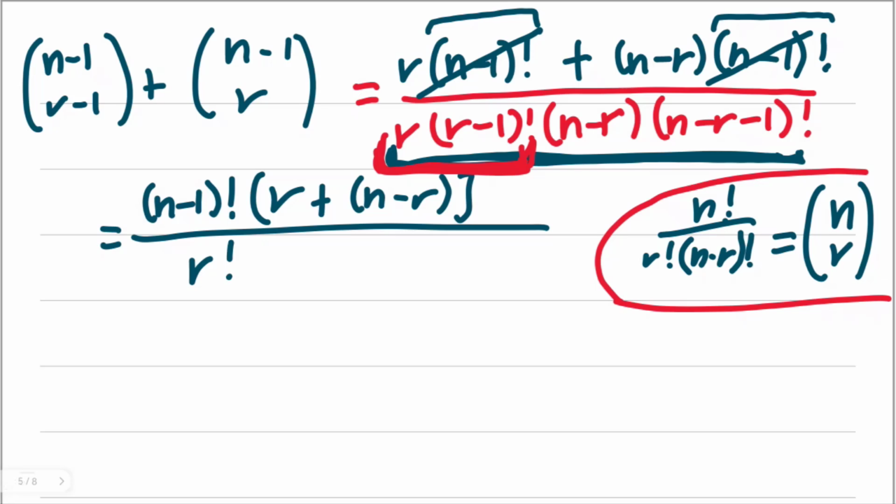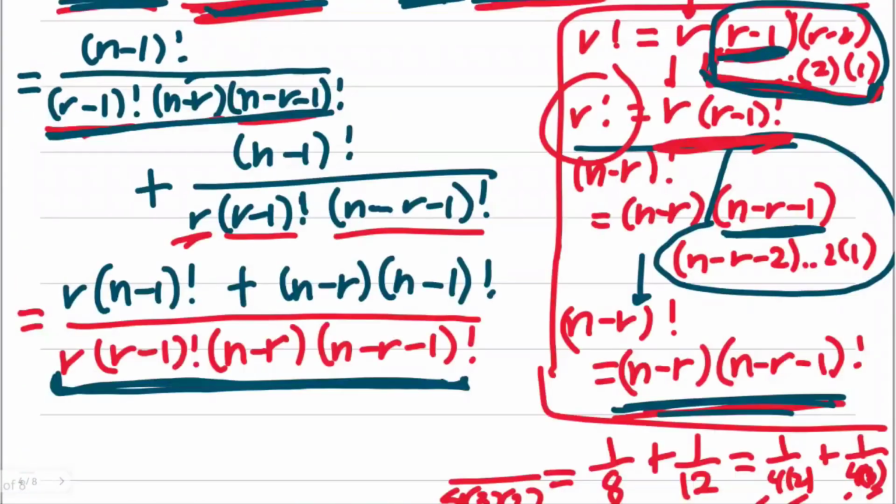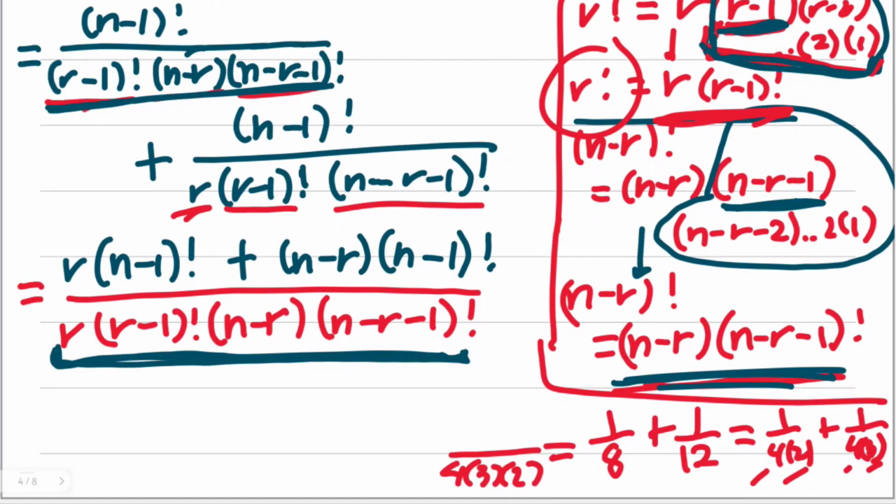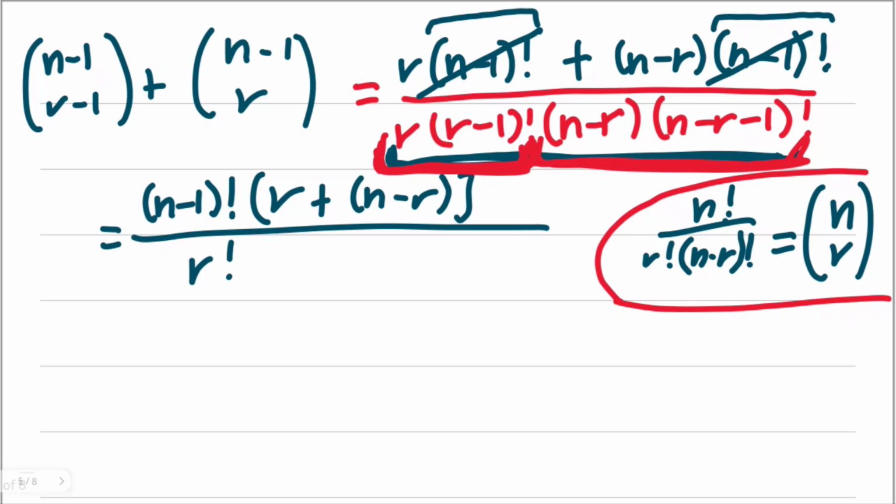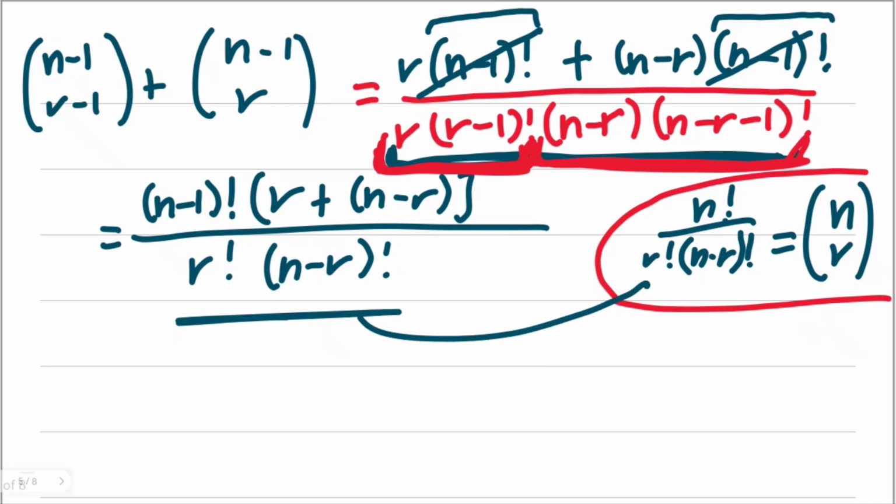Now, similarly, for these two remaining terms in our denominator, n minus r times n minus r minus 1 factorial, is actually also explained here earlier. N minus r, this one here, times n minus r minus 1 factorial is the n minus r factorial. So going back here, this is again n minus r factorial. See that our denominator already matches our target.